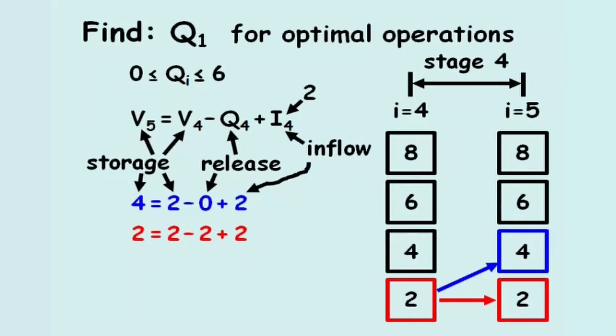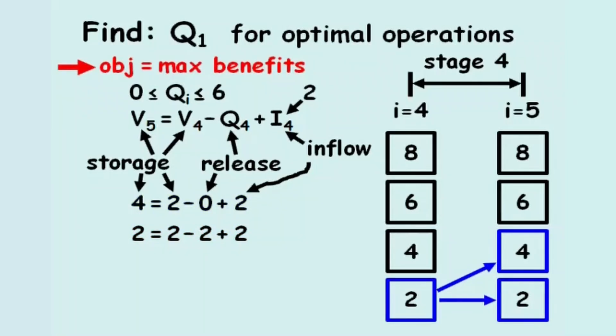Since the minimum storage volume in the reservoir equals 2, we cannot release 4 or 6 units of water. We'll next evaluate whether or not we should release 0 units of water or 2 units of water to maximize the benefits, assuming we start at V4 equals 2.